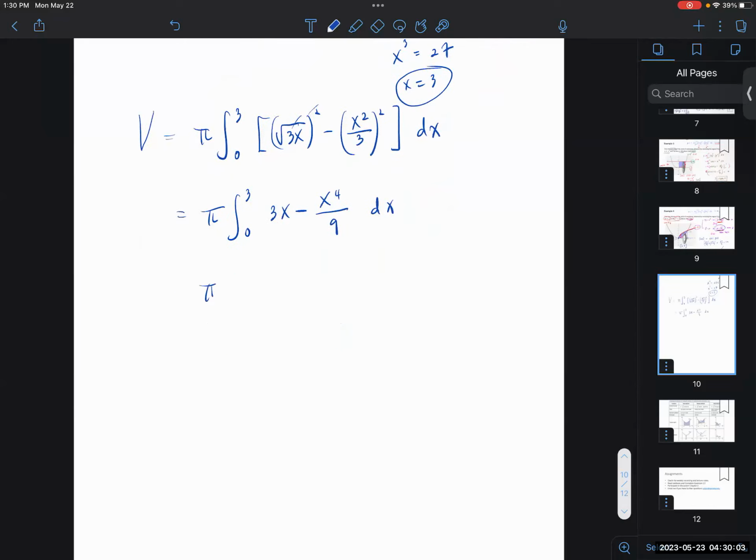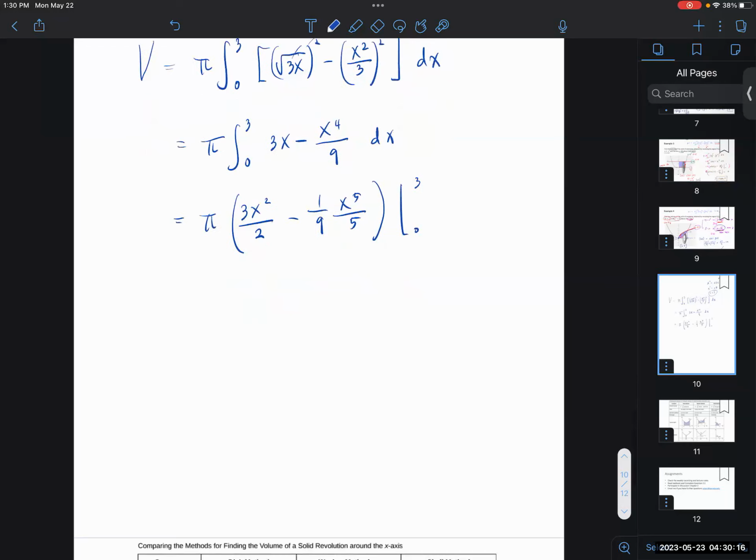So that means take the integral: 3x squared over 2 minus 1 over 9, x to the 5th over 5, from 0 to 3. So pi times 3 over 2 x squared, minus 1 over 45 x to the 5th, from 0 to 3.